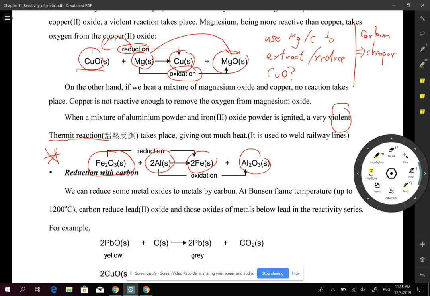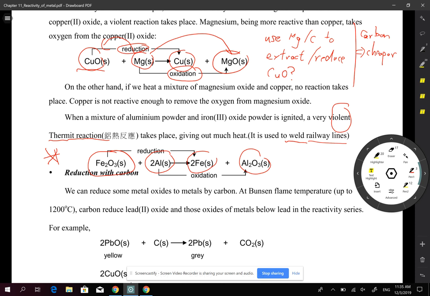It is because this reaction releases a lot of heat, and the heat can melt the iron to fuse the railway, to weld the railway line. I have explained how it works.